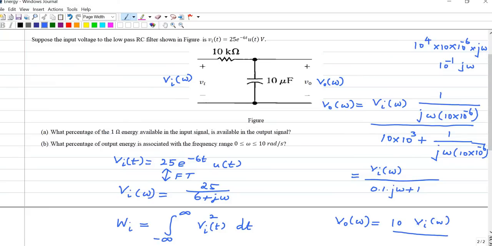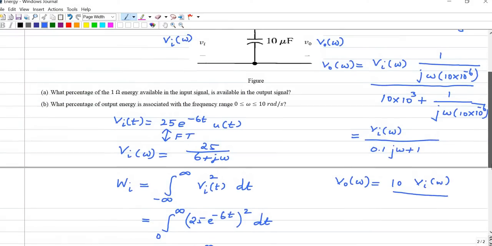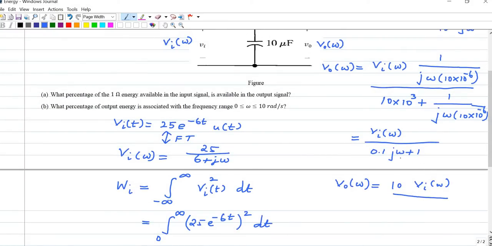Point 1 only. Okay, yeah, I'm sorry. I think up to this it's correct.